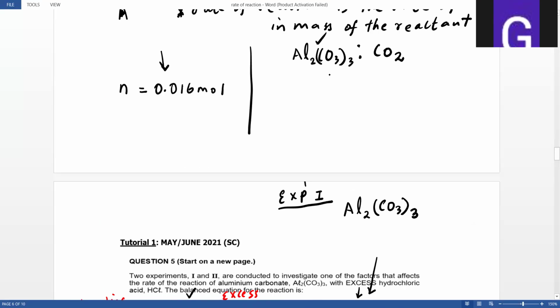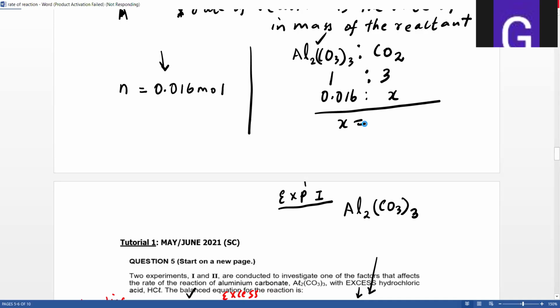So I'm going to say 1:3. Now I have the information about aluminum. So it's 0.016. So I want to get this one. And to get this one means we're going to say 1 multiplied by x, it's x. So it will be 3 multiplied by 0.016.